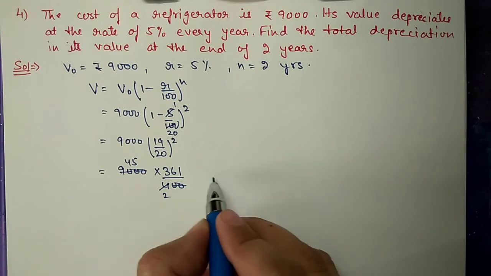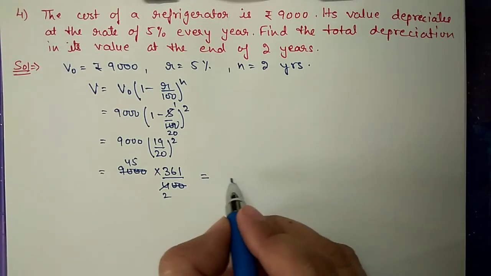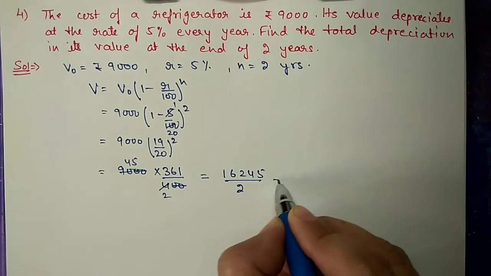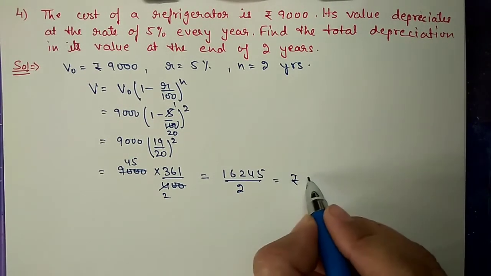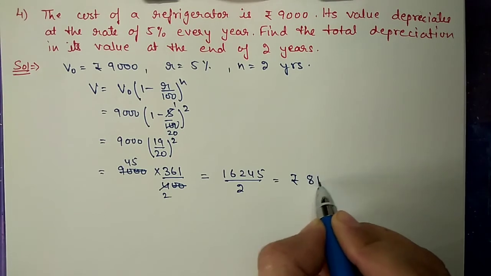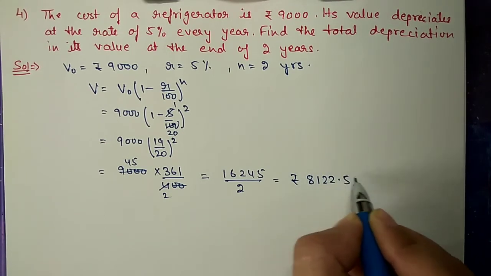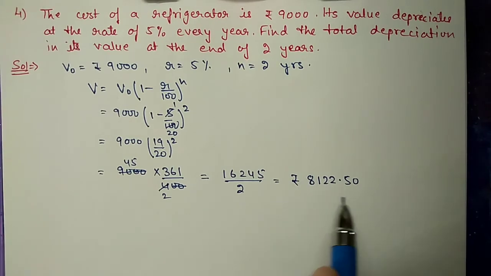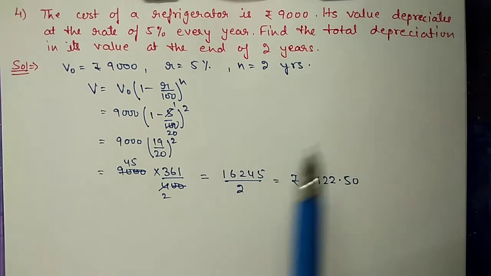You can multiply. After multiplication, we will get 16245 divided by 2, and divide it. Here the value we will get is 8,122 rupees 50 paise. So, this will be the value after 2 years, and we have to find out the total depreciation.